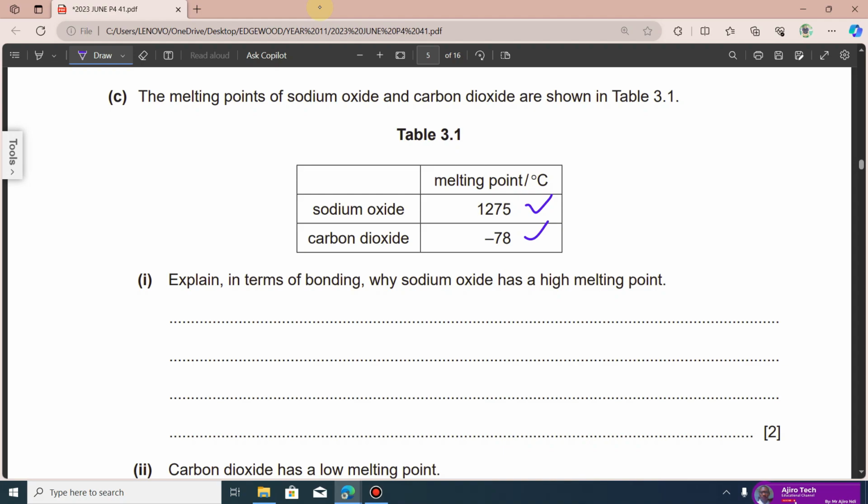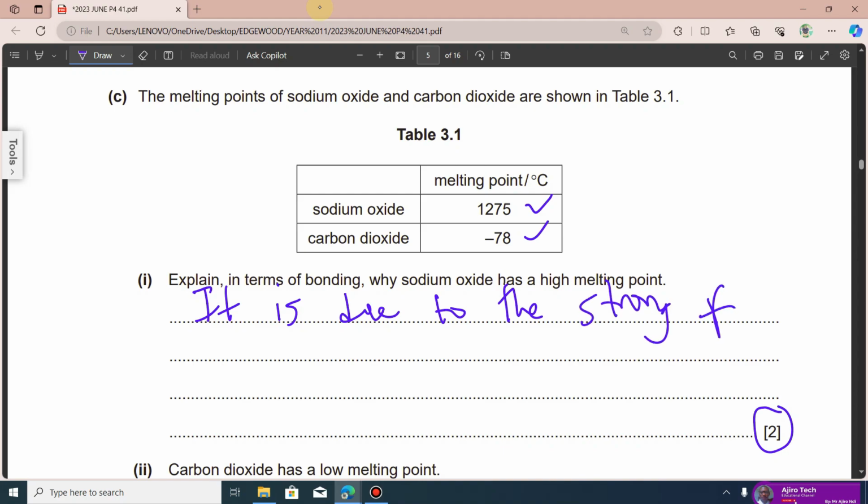To get the full 2 marks, for something to have a high melting point, it is due to the strong force of attraction.